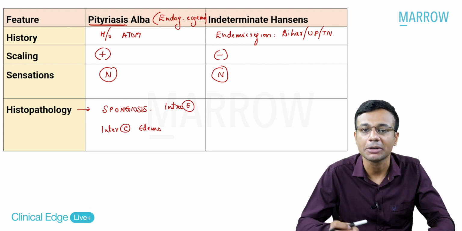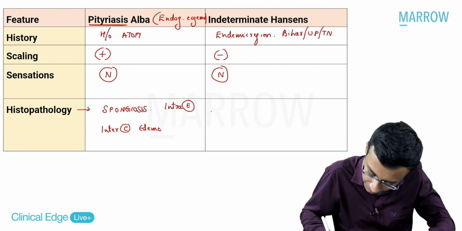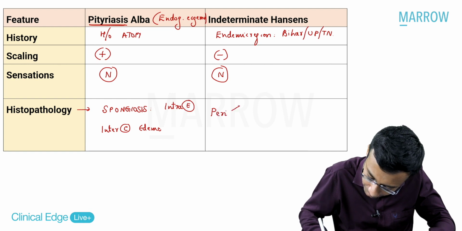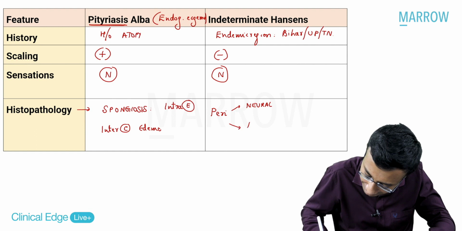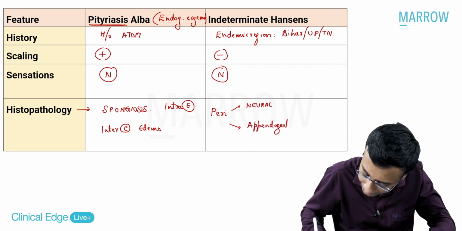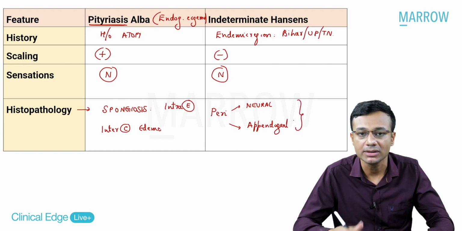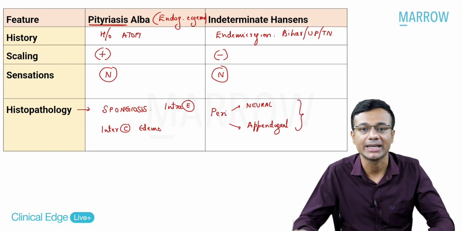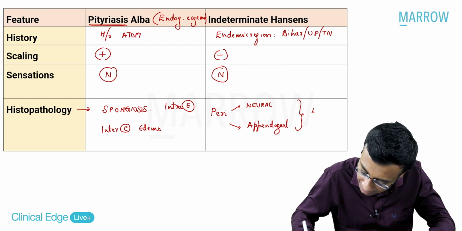Whereas in a patient of indeterminate Hansen's disease, we are going to get perineural and periappendageal lymphocytosis, around the nerves and around the appendages like sweat glands and sebaceous glands.